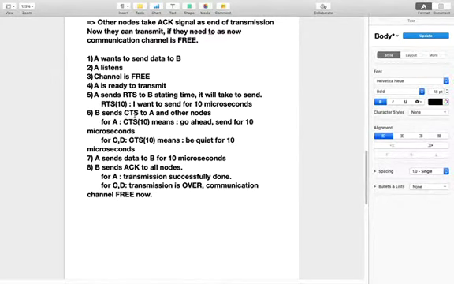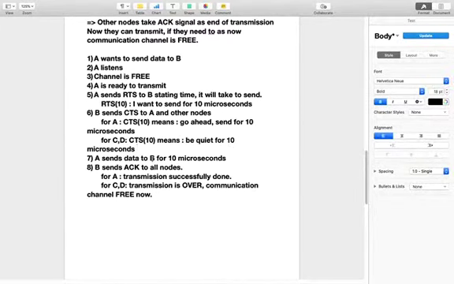B sends a CTS to A and the other nodes. For A, CTS means go ahead and send for 10 microseconds, and for C and D, be quiet for 10 microseconds. So till then, C and D will wait for A's transmission.